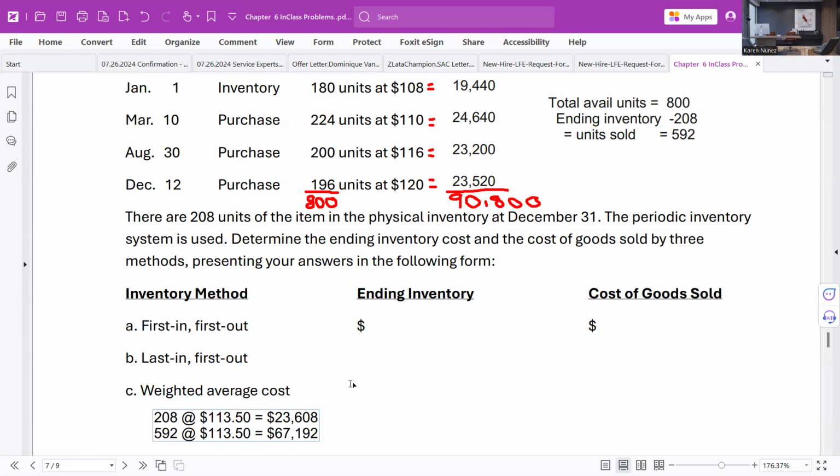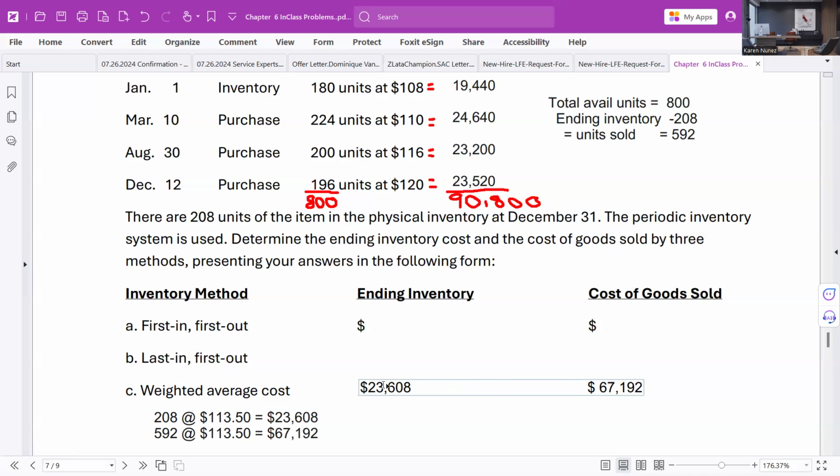So the ending inventory, the 208 units, has an ending inventory cost of 23,608. And the cost of goods sold is a cost of 67,192.